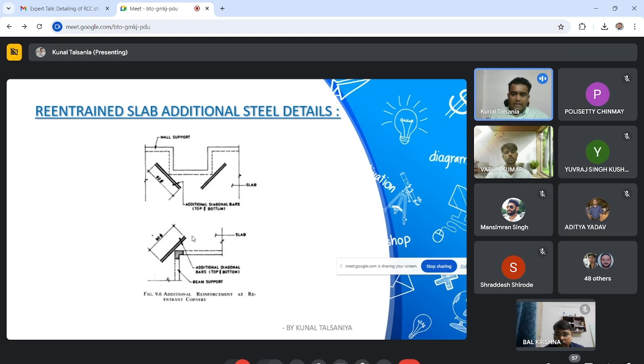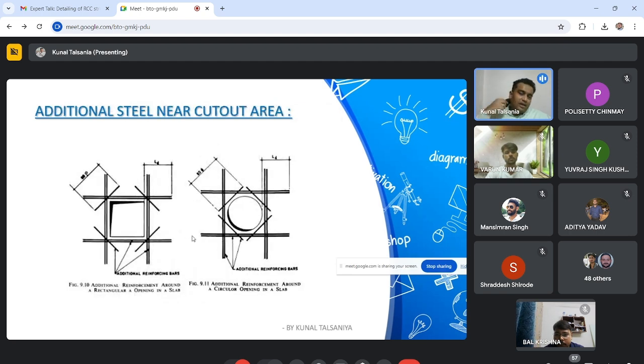Now, additional steel near cutout area. There are so many cutouts. When you see the final layout of any type of building, there are MEP services going through slabs, so there are many sleeve cutouts and many other pipe cutouts in slabs. You can provide cutouts in slabs, but you have to provide additional steel.